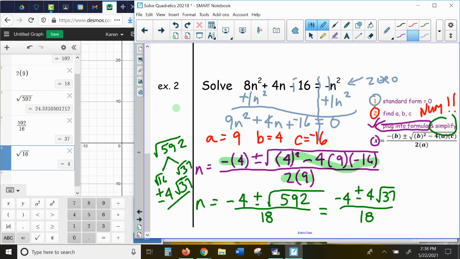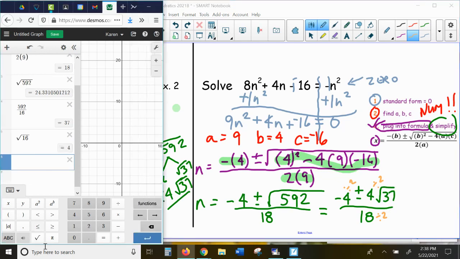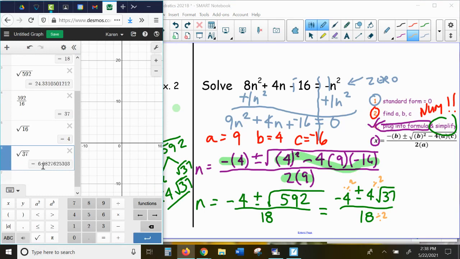So I divide this by 2, and this by 2, and this by 2. Now you might say, why aren't we dividing 37 by 2? Because it's really not a 37. It's a radical 37. And if you put radical 37 over here, radical 37 is 6.08 blah, blah, blah. So it's really not even a 37. But we would just do these three number parts.